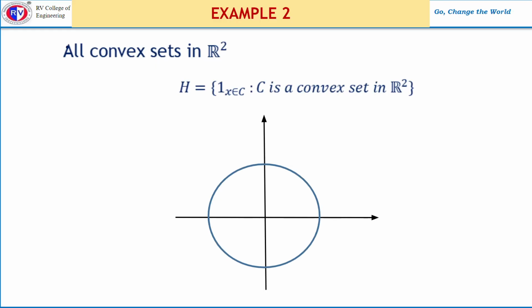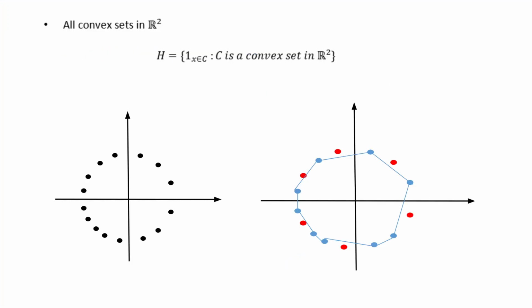For the second example, we went through a convex set in R square where we took a lot of data sets. We distributed them in blues and reds, and even then we were able to segregate the blues from the reds. So we came to a conclusion that VC of H would be infinite in this case.